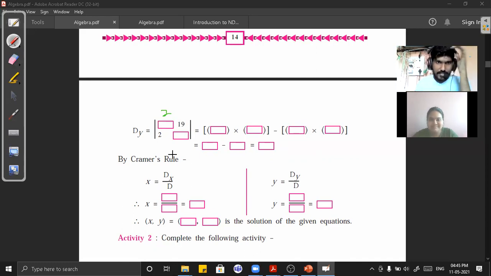Correct. 2. And what about here? Minus 3. Now this box is? You do it first and then you tell me the answer. So we'll check.